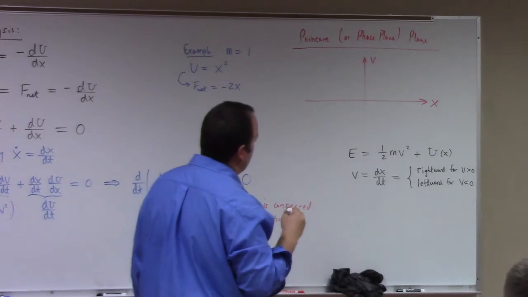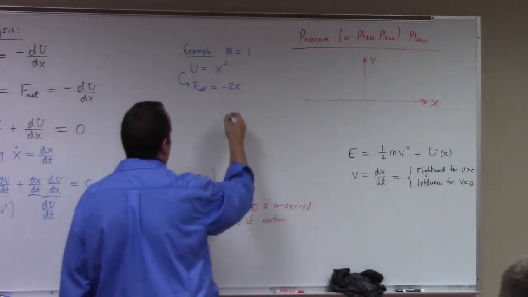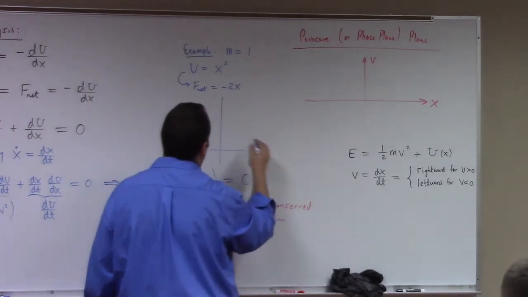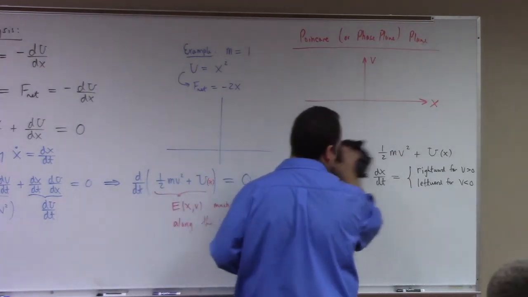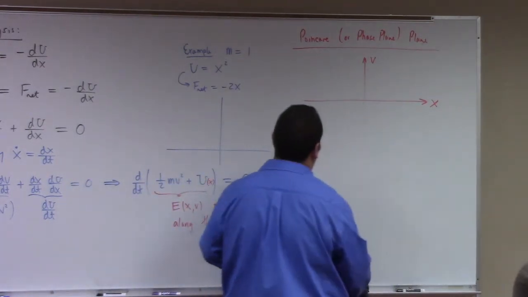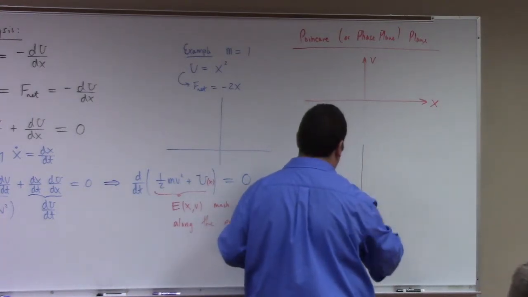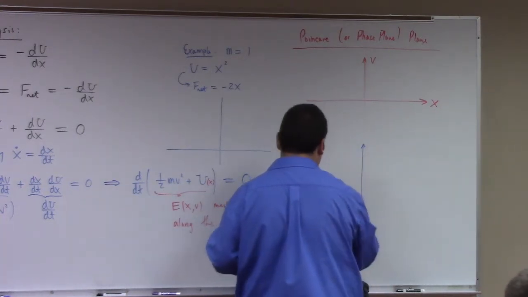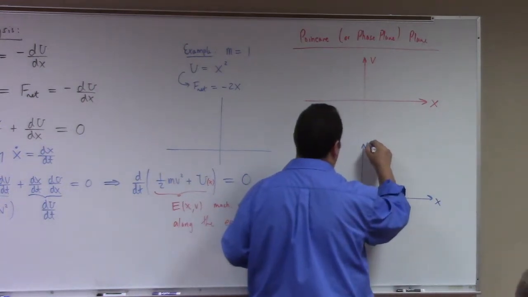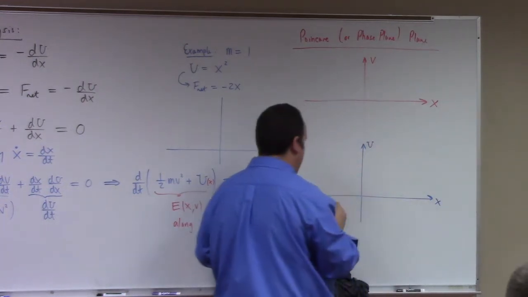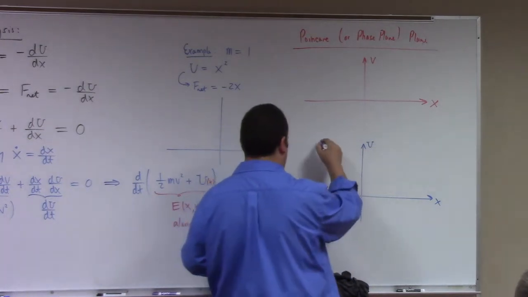So, I should draw the potential energy graph right under here, as is my custom. If we draw the potential energy plot down here, it's x squared, so it looks something like this.